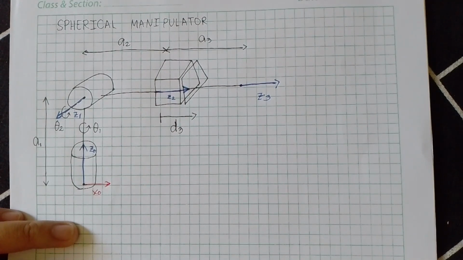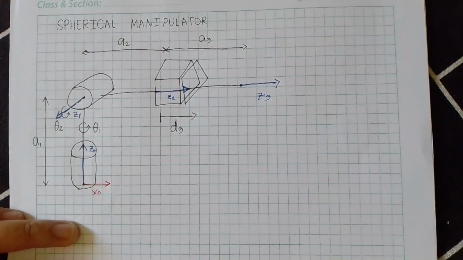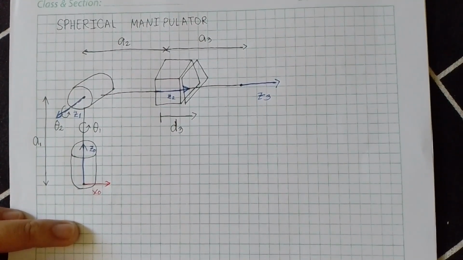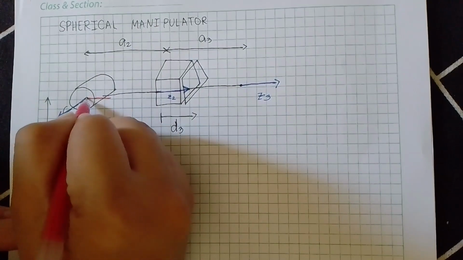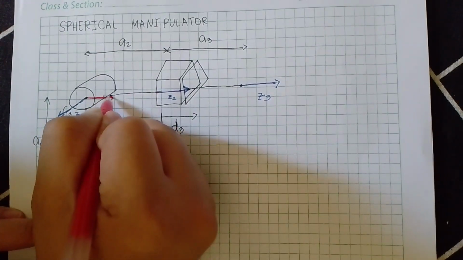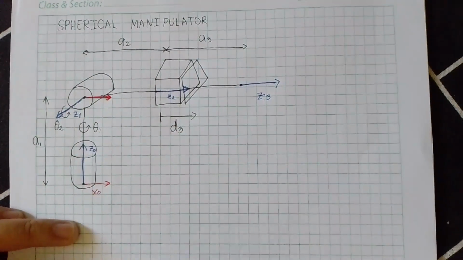The next is x sub 1, which must be pointing to the right side also. X sub 1.